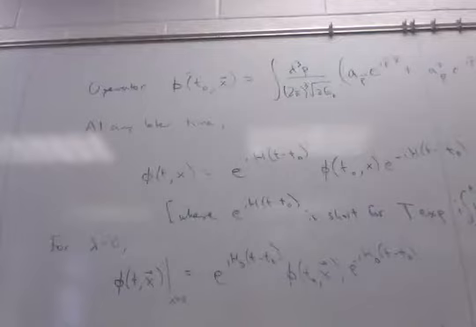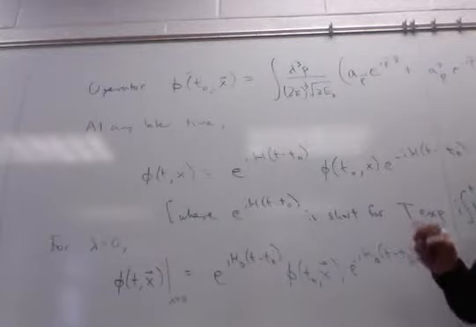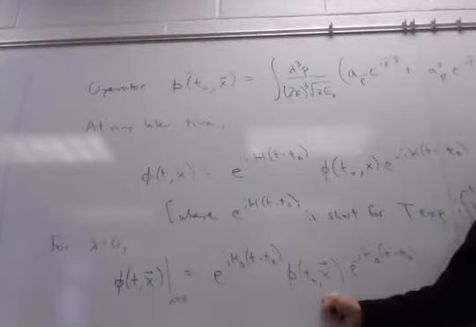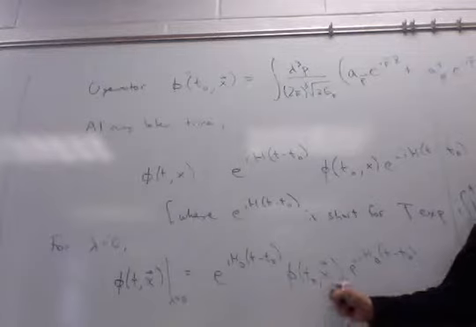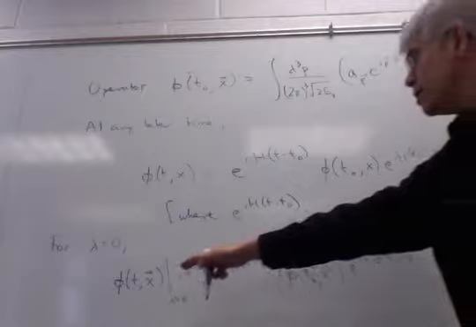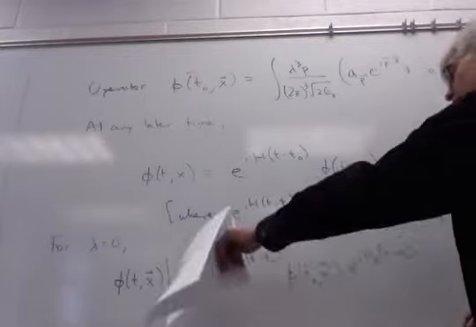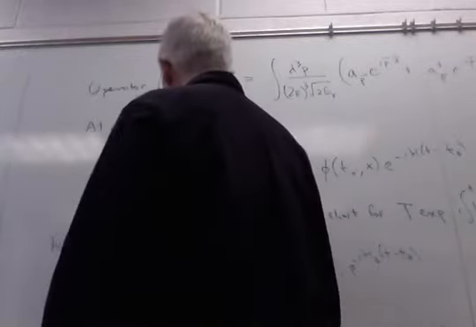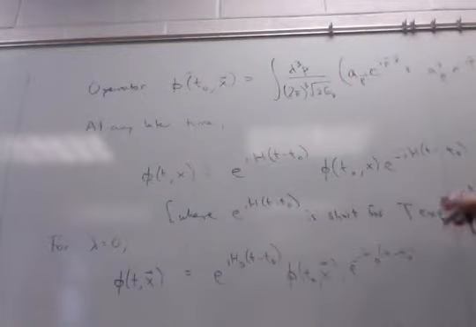So what we really want to do is perturb around the free field, so we want to perturb around this expression. We're going to expand this in powers of lambda. So we're going to write at finite lambda, phi of t of x as this, plus terms of order lambda squared, and so forth.